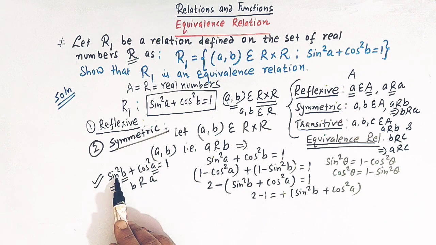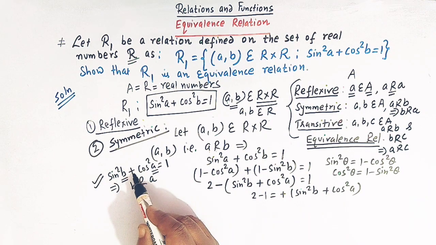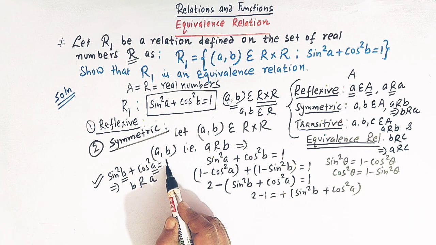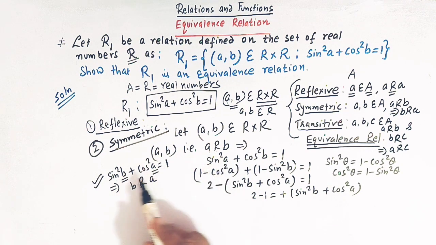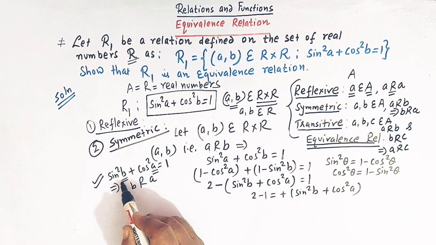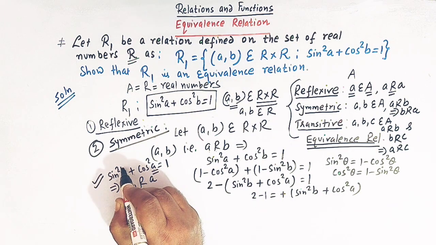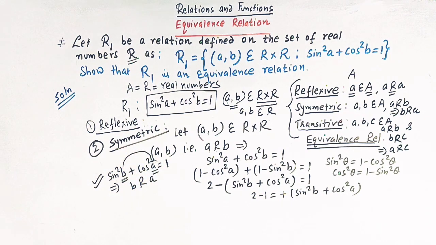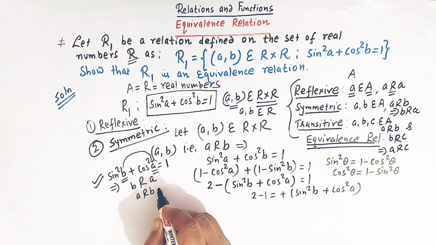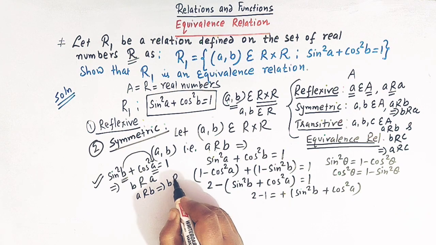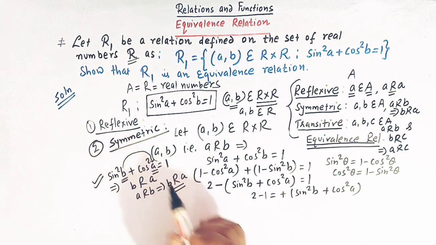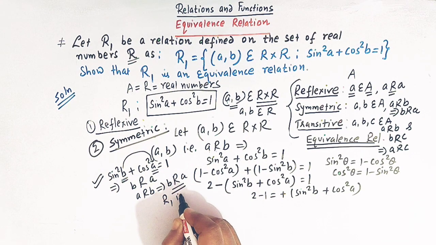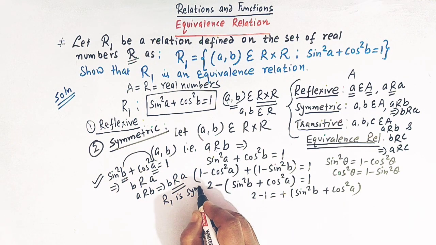And here we have sine square B plus cos square A is equal to 1, right? So comparing this relation and this relation, we can easily conclude that B is related to A. So what we have obtained is, when A is related to B, then B is related to A, which suggests that this relation R1 is symmetric, right?